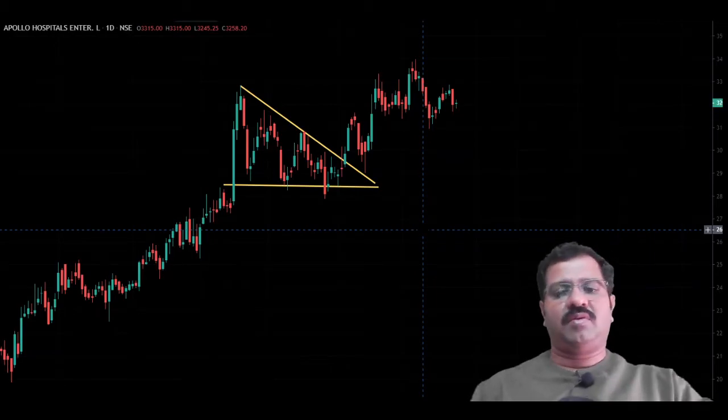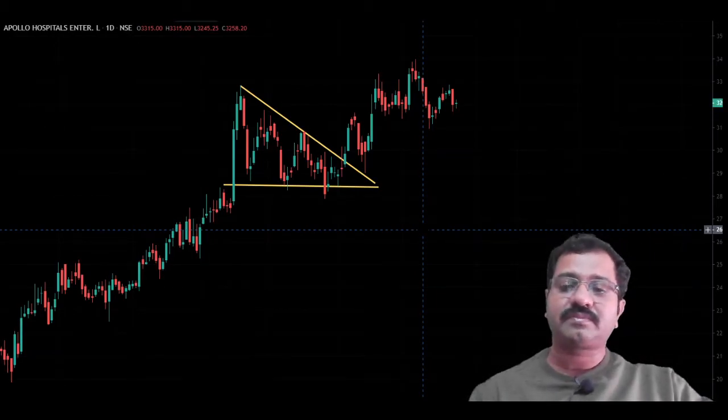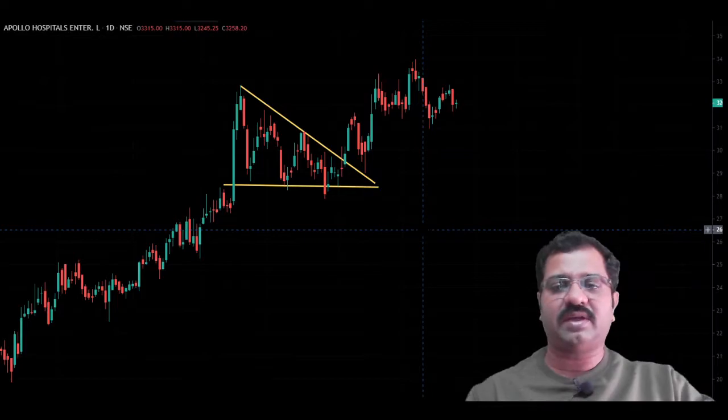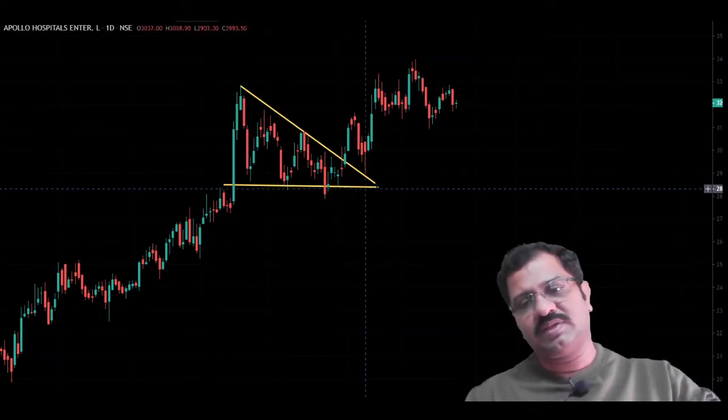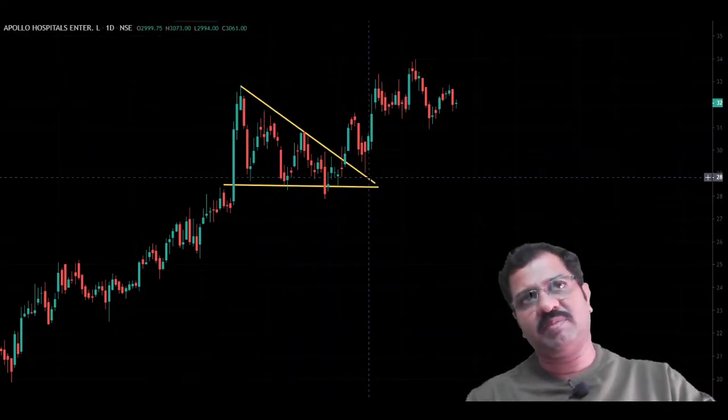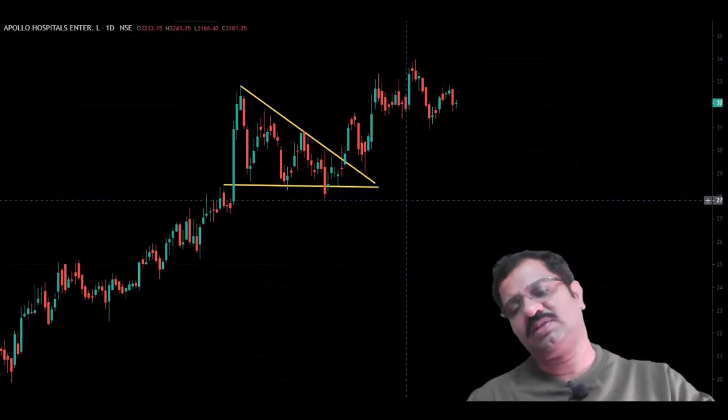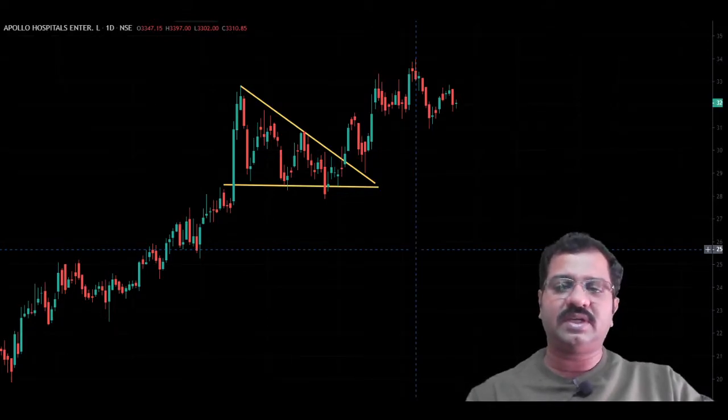What is this? This is a descending triangle, because the slope of this triangle is downside. This resistance line is coming down and the support line is horizontal. This is called a descending triangle.